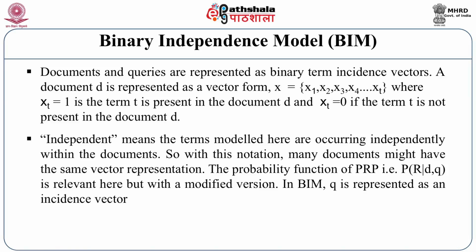The probability function of PRP, that is the probability ranking principle, that is the probability of R given d and q, is relevant here but with a modified version. In the binary independence model, the document is represented as an incidence vector.